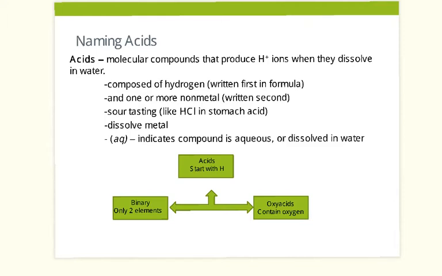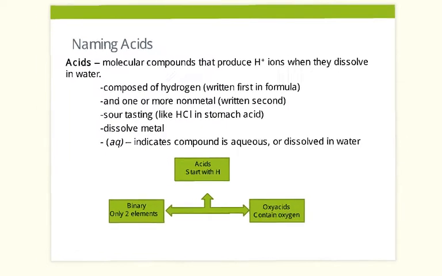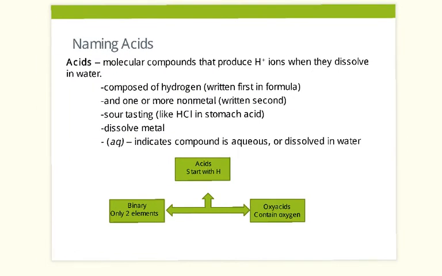Now we can have acids that are either binary, so acids start with H. They can either be binary, with two elements only, H and some other element, or they can be oxyacids. It could be H and usually a polyatomic ion.